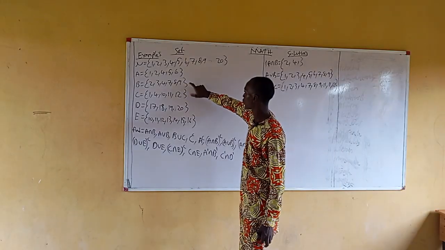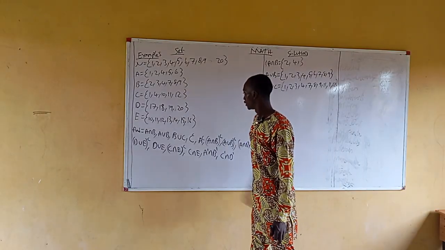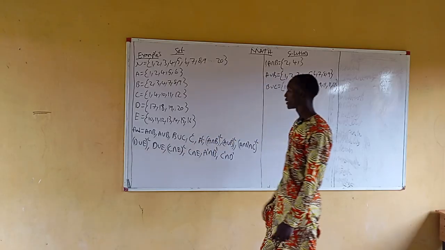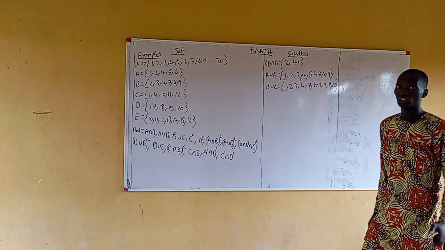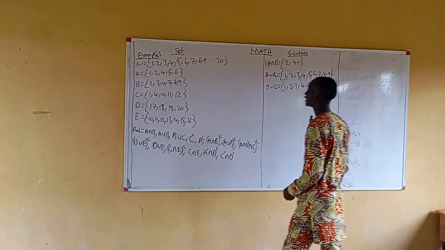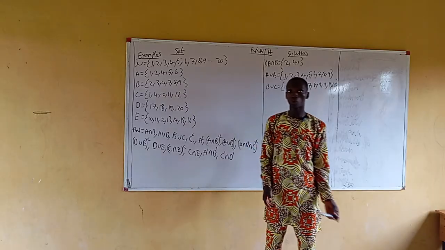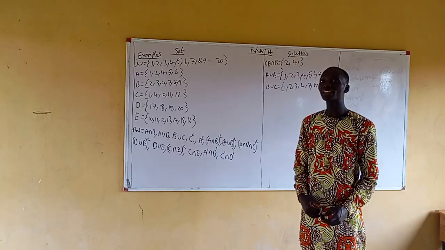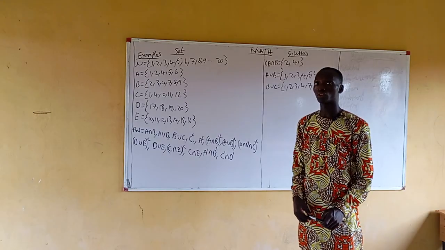Remember, these are the two we're working with for B union C. Now we move over to what? C complement or C prime. Either I say C complement or C prime. Now, what is complement? Remember, I say complement is the element in the universal set that is not in the subset.